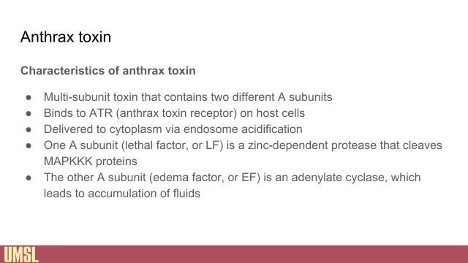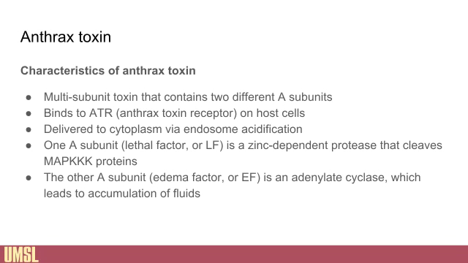So the characteristic of anthrax is that it is a multi-subunit toxin. And so this is now our first example of something else, right? It is a multi-subunit toxin that contains two different active subunits. Essentially the binding part of this toxin is the same, but there are two different active subunits.